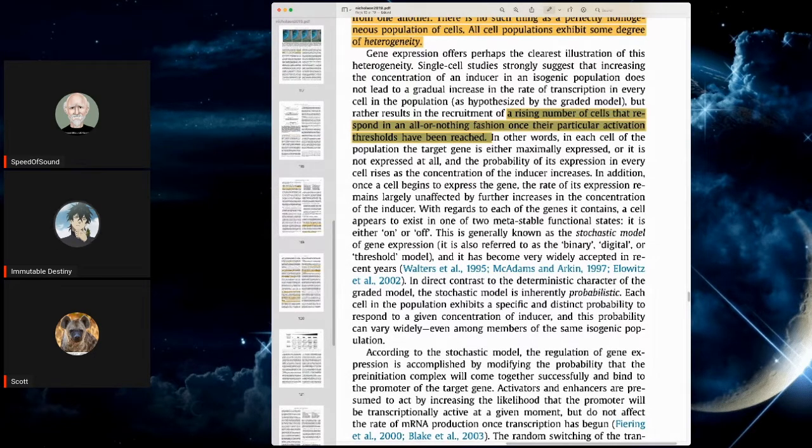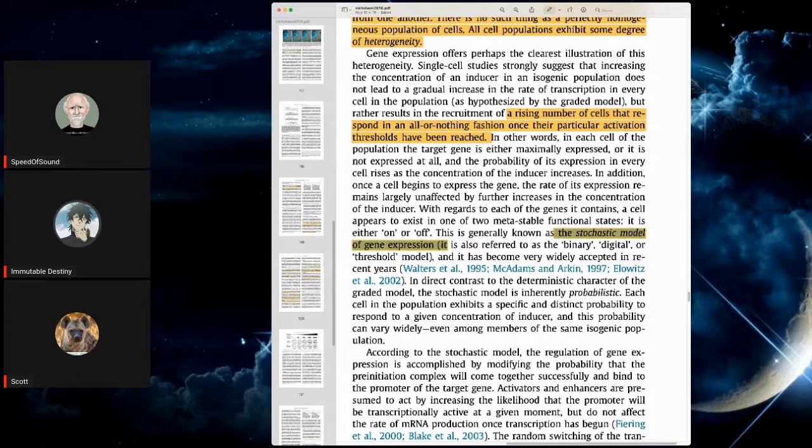In other words, in each cell of the population, the target gene is either maximally expressed or it is not expressed at all, and the probability of its expression in every cell rises as the concentration of the inducer increases. In addition, once a cell begins to express the gene, the rate of its expression remains largely unaffected by further increases in the concentration of the inducer.